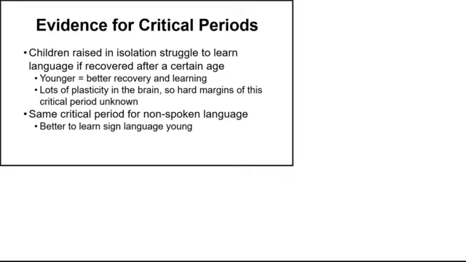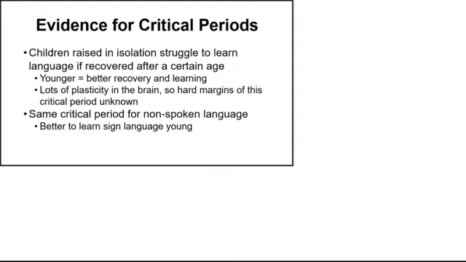So in some studies, mostly case studies, say children who were raised by wolves or children who were abandoned and survived on their own in the wild, if they didn't learn language until much later in life, they struggled. They never had the same vocabulary. They never had the same fluency with language as a native speaker who was taught from a young age.